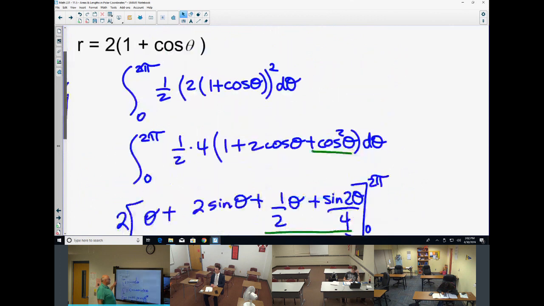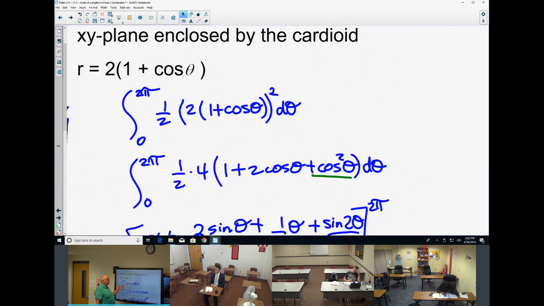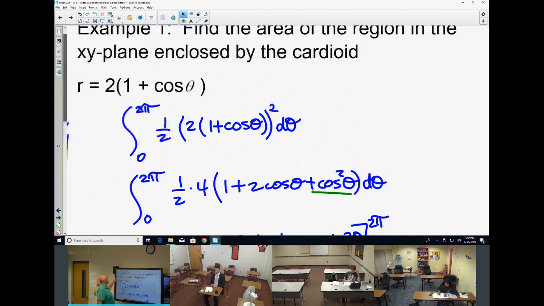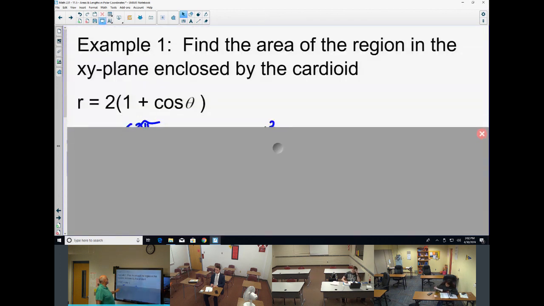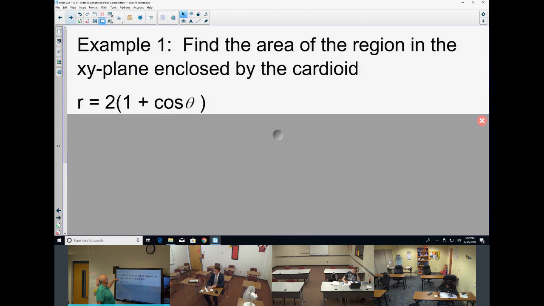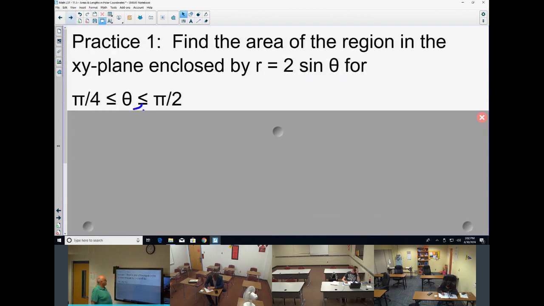But really at this point, from the very beginning, once you set it up, you can put it in the calculator if you want. Okay? All right, so let's have you try the first practice problem. Right there.